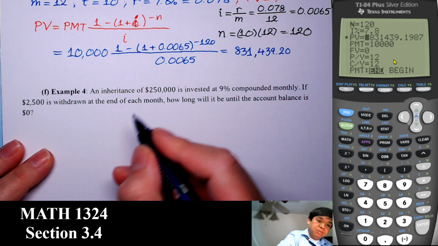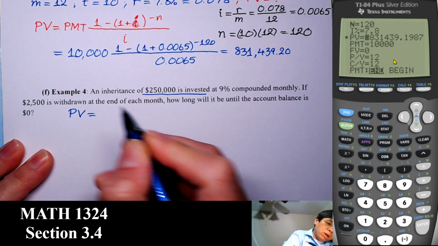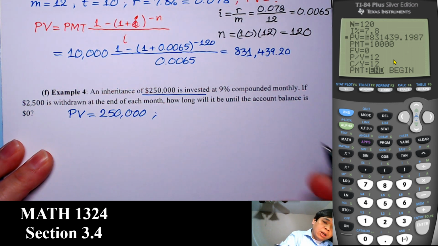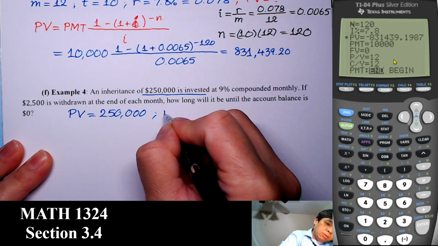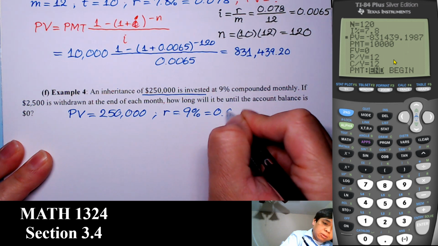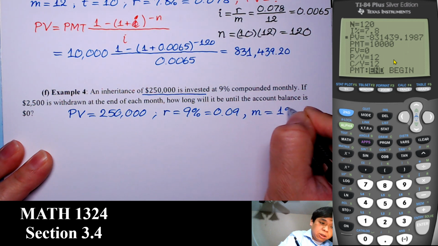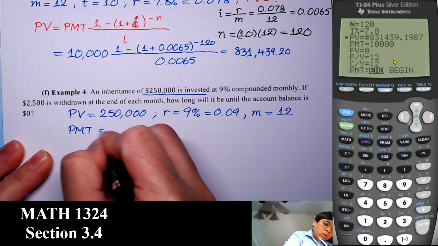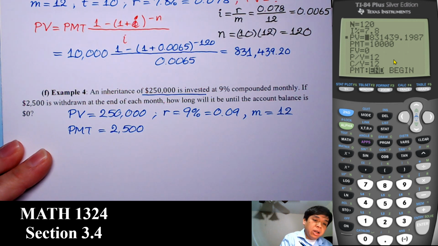So let's summarize. This is invested, so that's the present value. We have that at the moment. 9% compounded monthly. And if the amount is withdrawn at the end of each month, how long would it take?